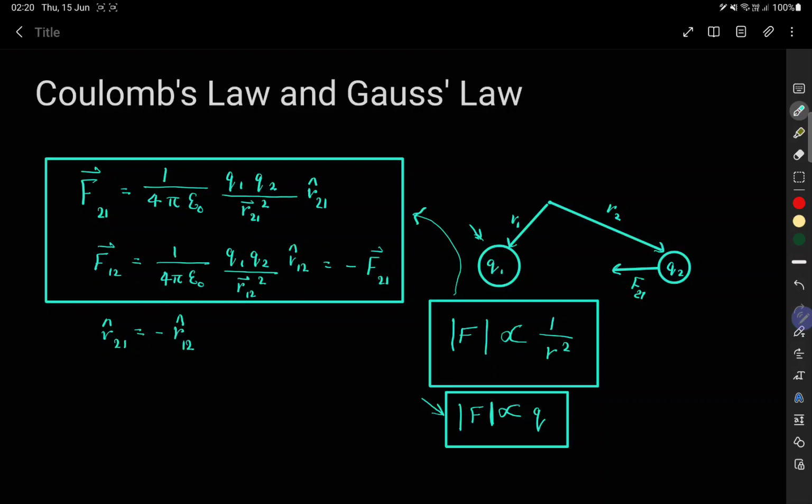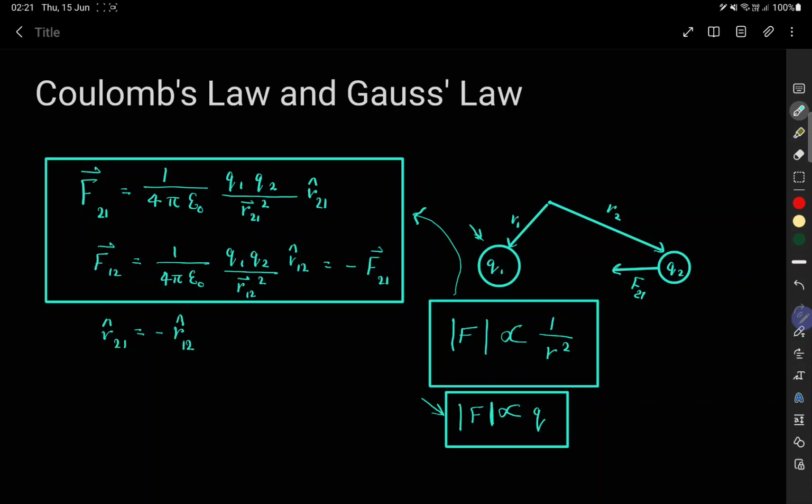Now similarly, since Q2 is experiencing a force due to Q1, Q1 should also experience a force that is equal and opposite to F21, or the force experienced by Q2. That is because of the most obvious law, Newton's third law of motion, that is, each and every force should have an equal and opposite reaction.